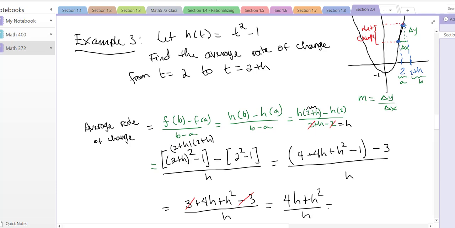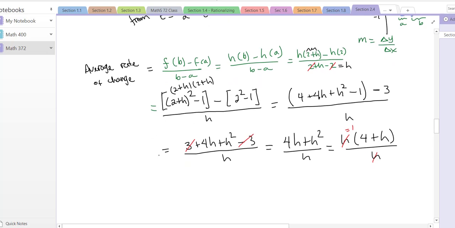And I can continue to simplify. Factor out an h from the numerator. So I'm left with h times 4 plus h, divided by h. And now I can cancel that h. H divided by h is 1. And so our final answer, our average rate of change with this little variable h, is 4 plus h.